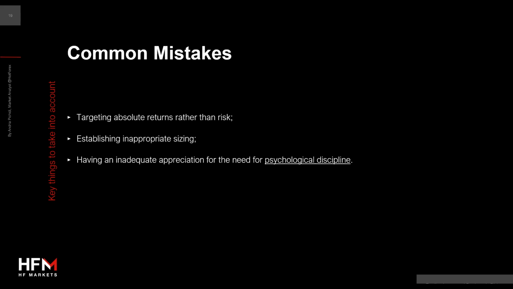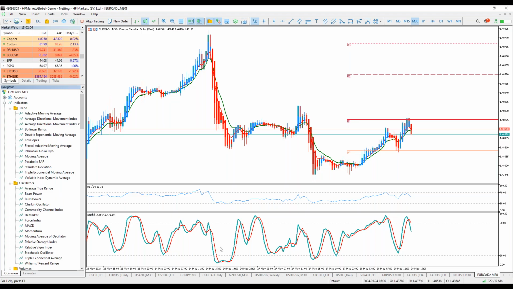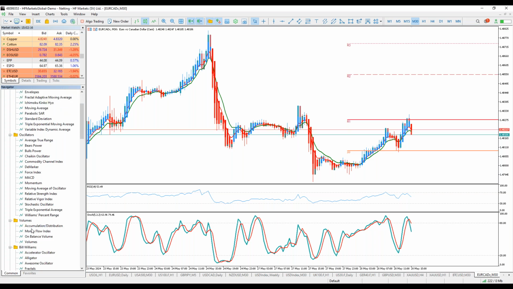I'm trying to look for the Heikin Ashi indicator in MT5, but can't get it. Barak, just open all of your folders in your navigator, okay?